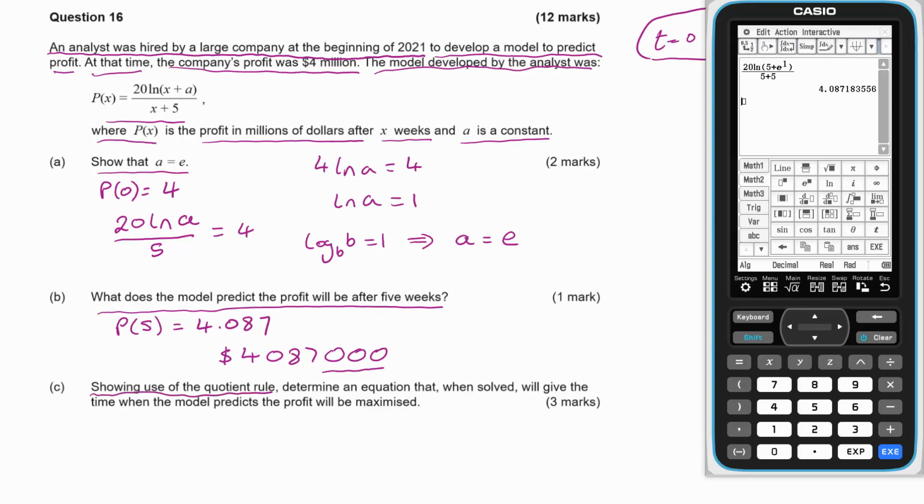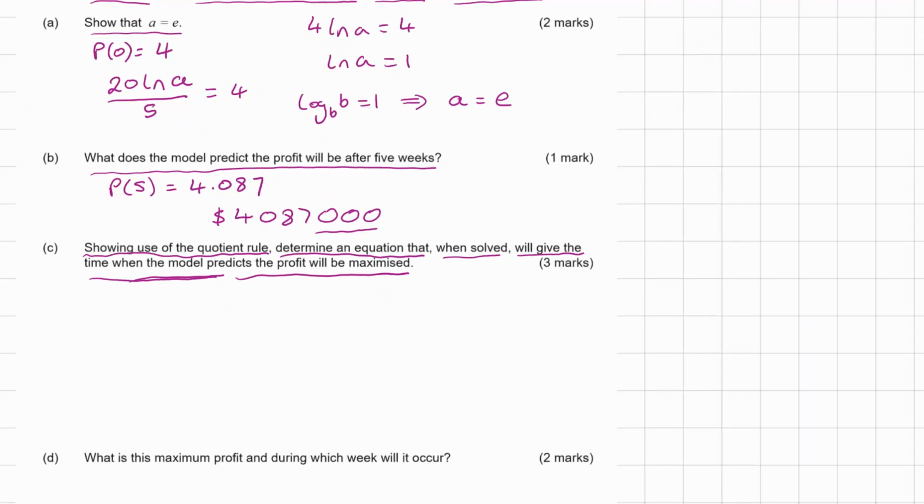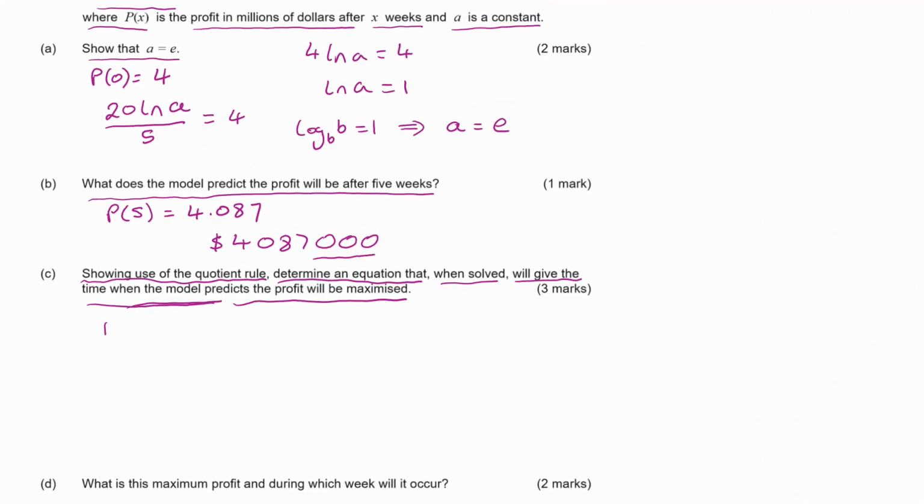Showing use of the quotient rule, in other words, don't just put it into the ClassPad, determine an equation that, when solved, will give the time when the model predicts that the profit will be maximized. So we need P dashed of x to be equal to 0. First differential is 0.